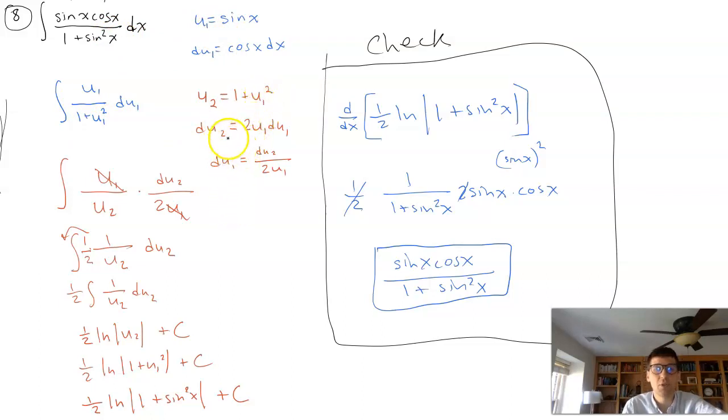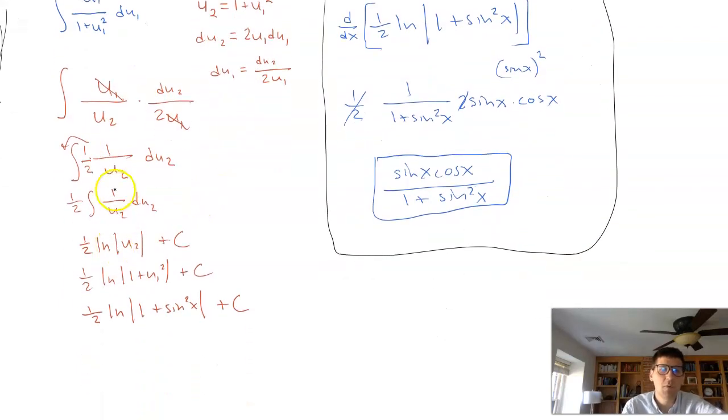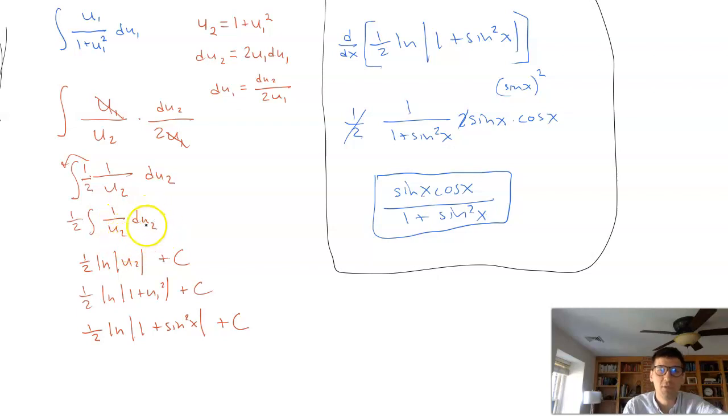I got the whole thing in terms of my u2 and du2, which ended up being just 1 over u2 du2, which now makes it nice to integrate, natural log plus c. Then I have to substitute back in what u2 is, which gives me it in terms of u1, then substitute the sine back in.